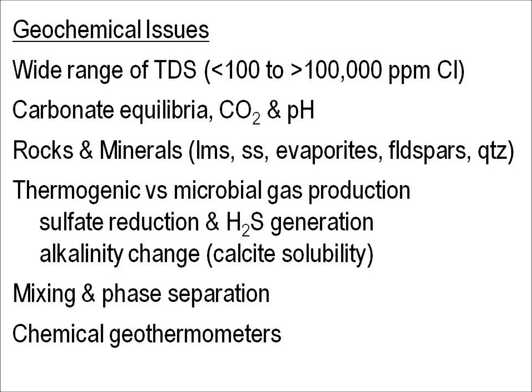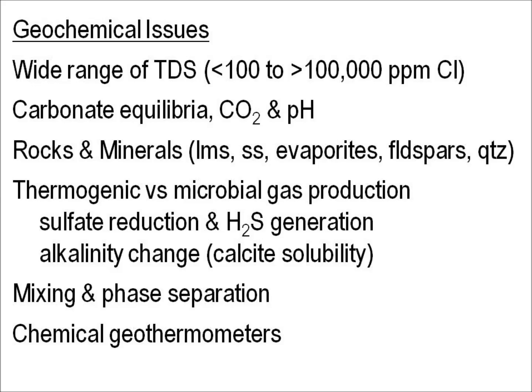That's probably one of the most sensitive reactions that we have to think about over the scale of the reservoir and also locally in terms of what might be scaling in wells. We've got a diversity of rocks and minerals in these environments, potential sources of reactive components.